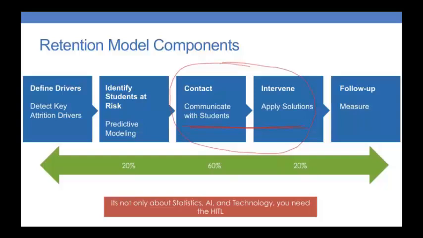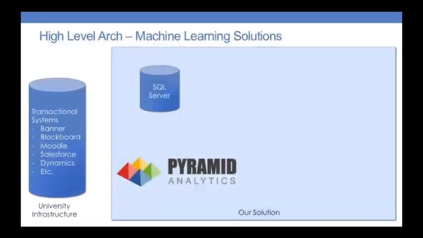So for a second, I'm going to get a little bit more technical, and I'm going to show from a very high level what the architecture is. Of course, depending on the use case and the university, you're going to have Banner or Blackboard or Moodle or Salesforce or Dynamics or any transactional system that you're currently using.